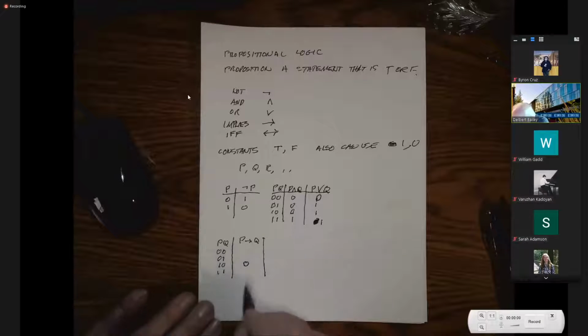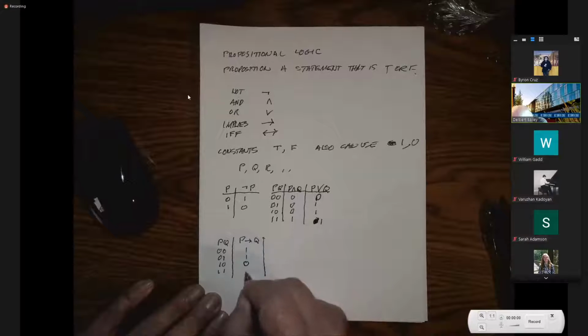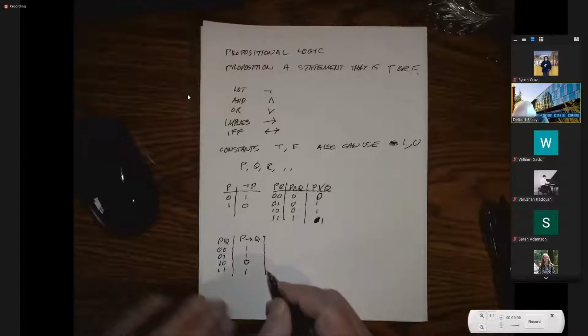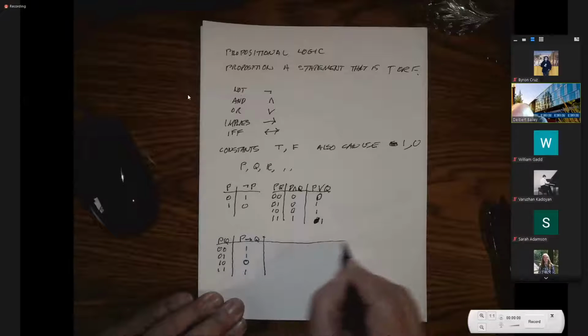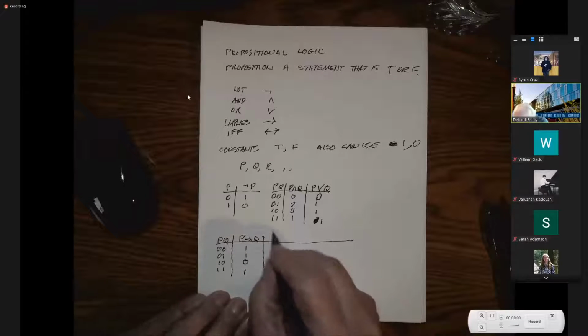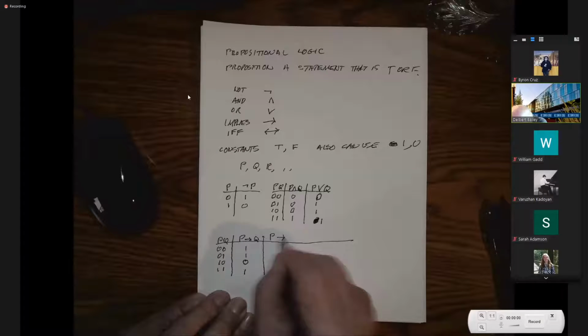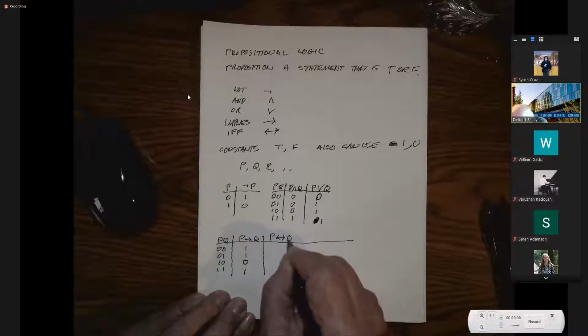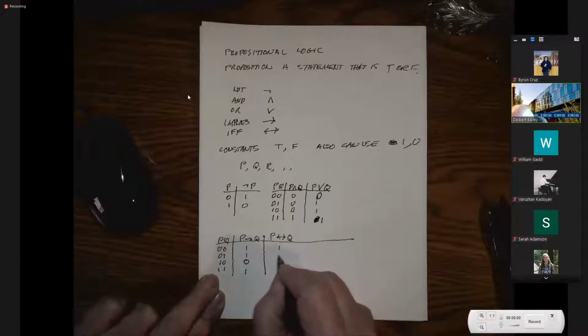And that's all it's saying. We'll talk a little bit more about that later. And the if and only if is that they have the same value. So it's 1.